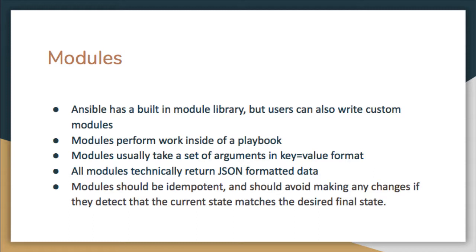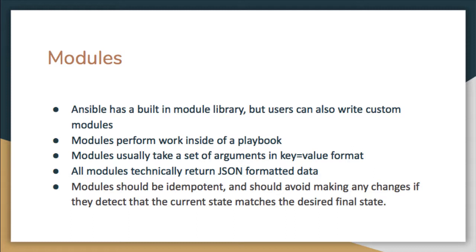Modules, like it says here, usually take a set of arguments in key value format, and that's how you pass information into these modules so they know how to act and what to act upon. And they return data to the playbook for keeping documentation or to continue running through the playbook so that it can be acted upon by other modules or tasks within that playbook. And that data is usually returned in JSON format.